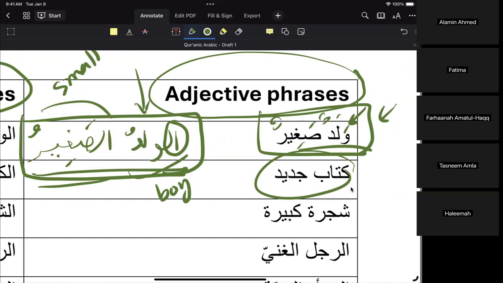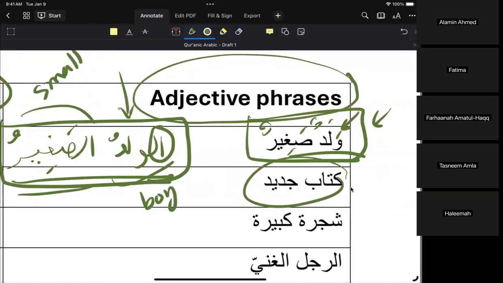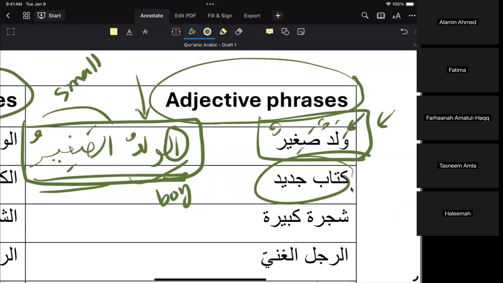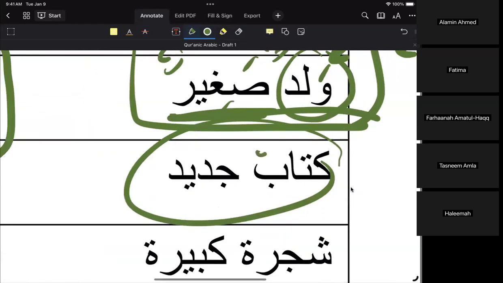Before, it did not make sense because in English we don't. Because in order to make an adjective phrase, we have to match the definite or indefinite of the noun. So if you want to say a small boy, meaning you want to make the noun indefinite, then you need to make the adjective indefinite as well. So you say waladun saghirun. Kitabun jadidun, so a new book.